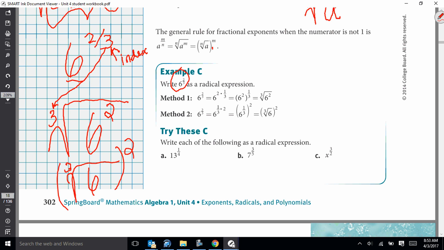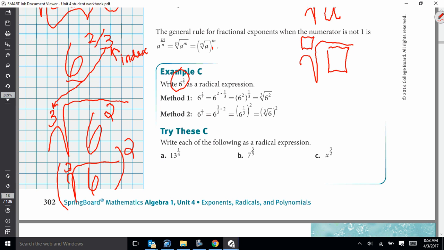How many of you have a root button where you can put in your index? Okay, so some of you do. If your calculator is set up that way, it'll look something like that, right?